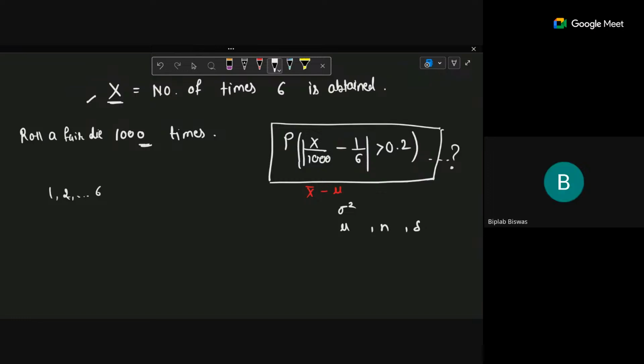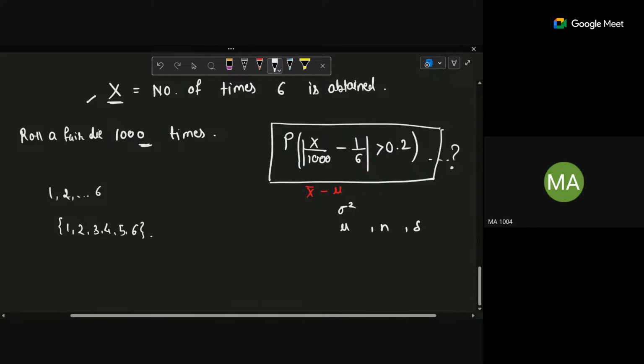As it's a fair die, once you roll it the distribution will be uniform and it can take any value among 1, 2, 3, 4, 5, 6 uniformly. Yes, correct. This distribution is uniform, but x is the number of times 6 is obtained. So still we are not getting that, right?